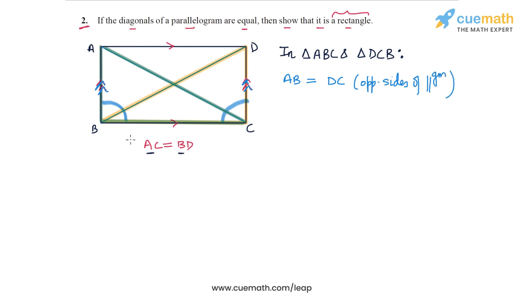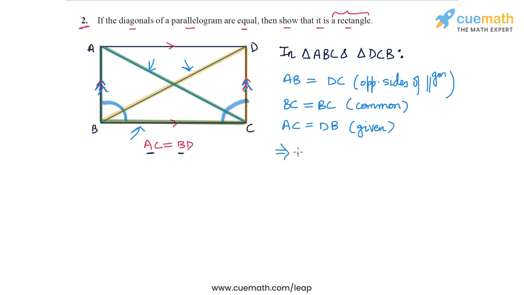Also BC, this side, is common to both the triangles, so we can say BC is equal to BC, common. And also the diagonals are equal, so the third side of each triangle is equal. AC from triangle ABC is equal to DB from triangle DCB. So AC is equal to DB, and this fact is given to us.